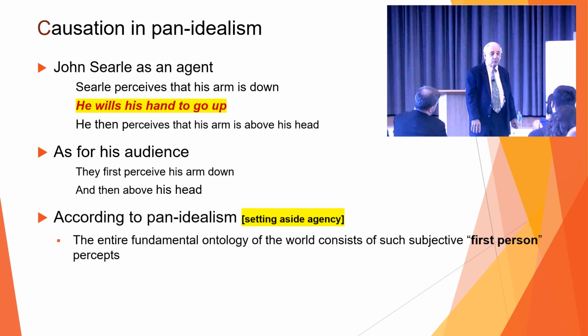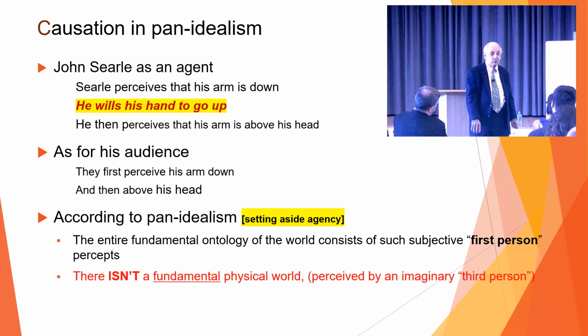According to Pan-Idealism, the entire fundamental ontology of the world consists of such subjective first-person percepts. But there isn't a fundamental physical world as perceived by an imaginary third person.